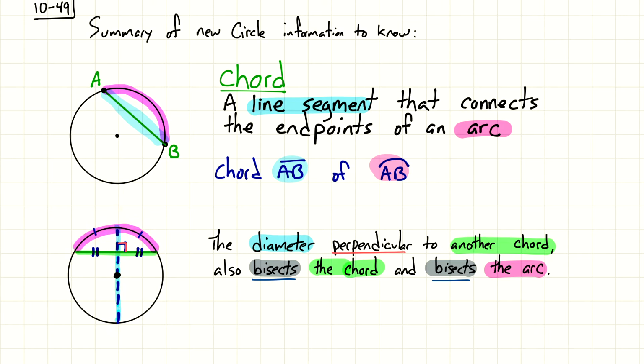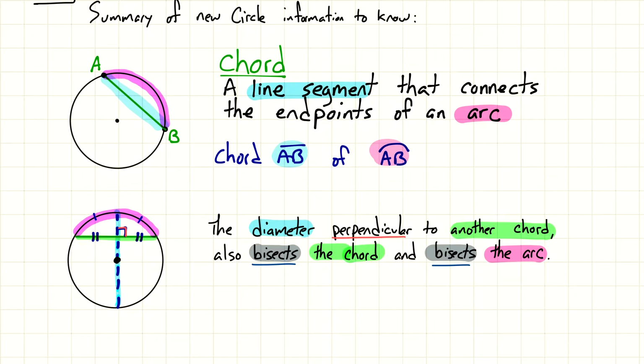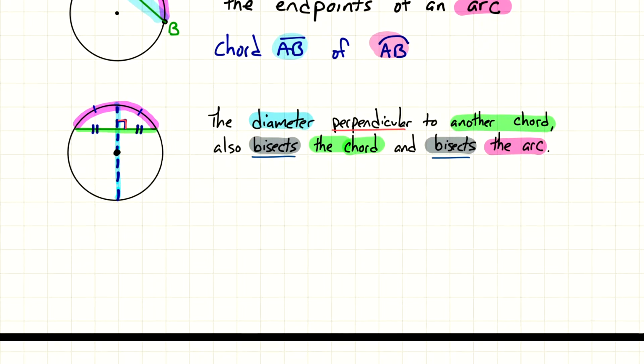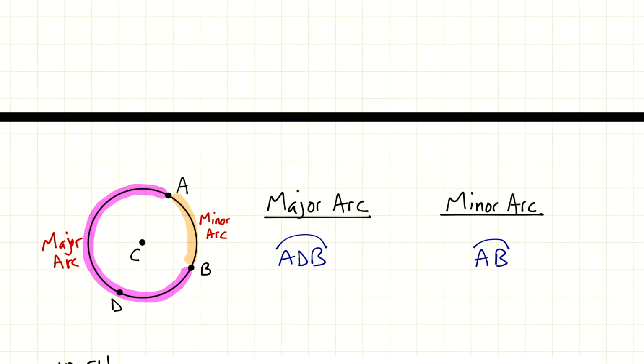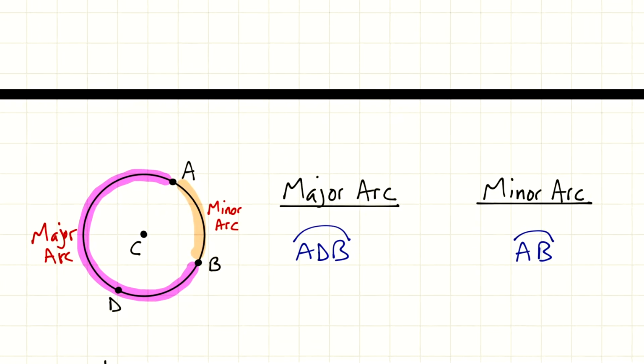All right, so those are some properties that we get to use when we're working on bigger problems. So definitely good things to have in your notes. The third thing mentioned in this problem is the difference between a major arc and a minor arc.